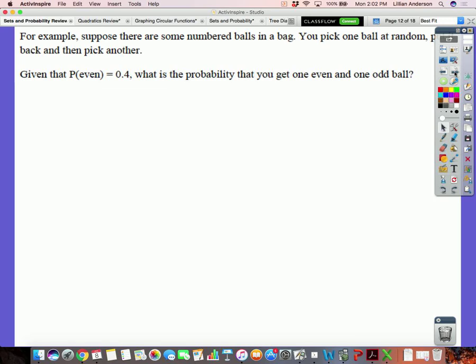So prime example, let's take a look at this. Let's say you have some balls and they're being numbered. Clearly, you're given that the probability of it being even is 0.4. That means the probability of it being odd is 0.6, okay? Let's draw a tree diagram where you have replacement. So you're going to put the ball back in and you're going to draw again.